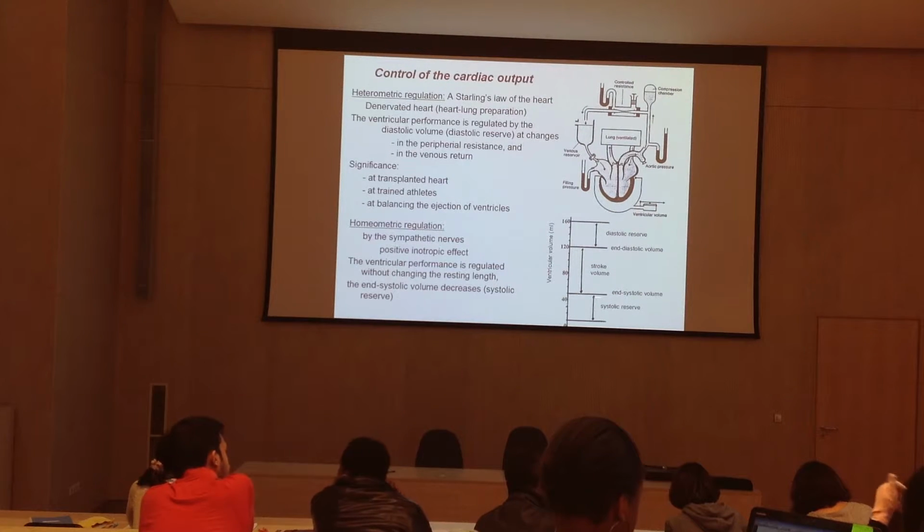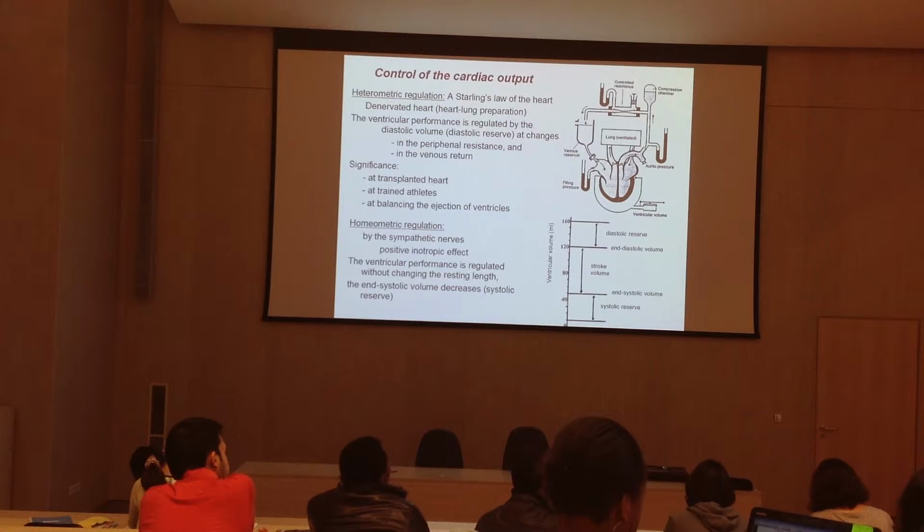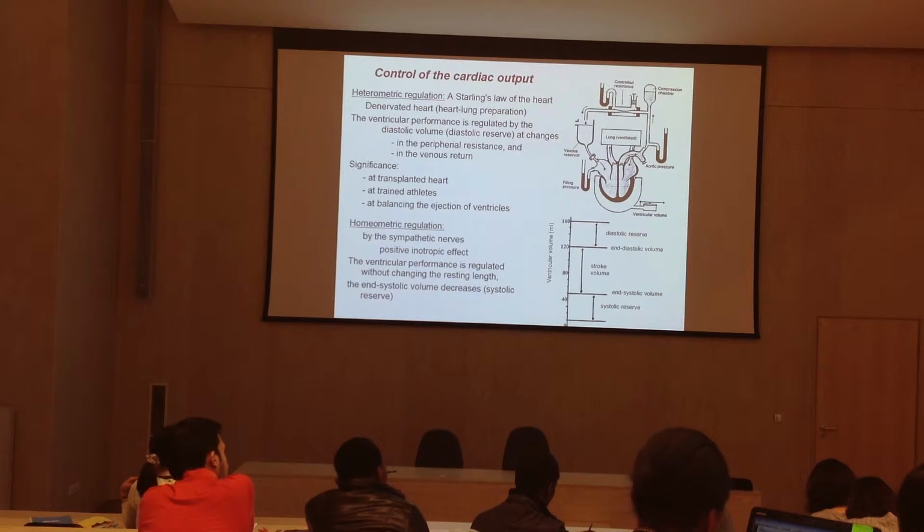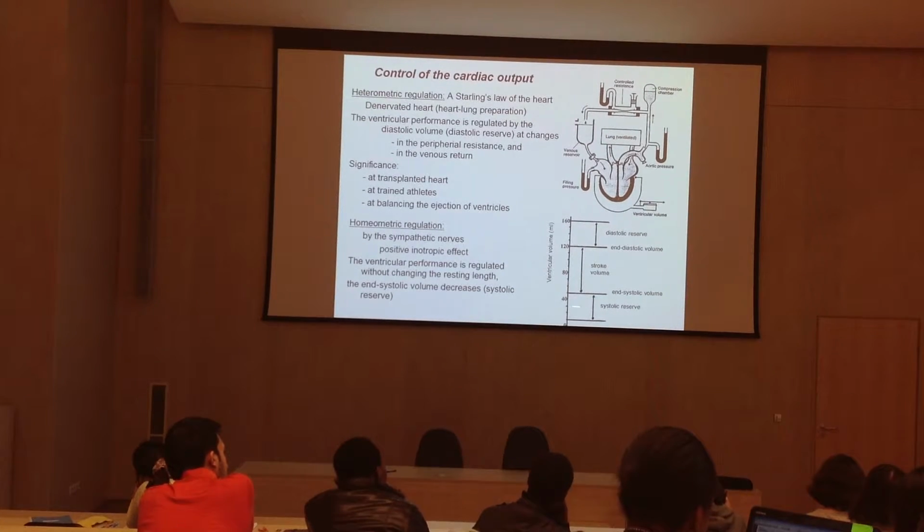At the end of the systole, 50 milliliters remain in the ventricle, but if there is a sympathetic adrenergic stimulation, in this case the contractile force will be larger, and the end systolic volume will be a smaller number. The stroke volume will be 20, 30, 40 milliliters larger.